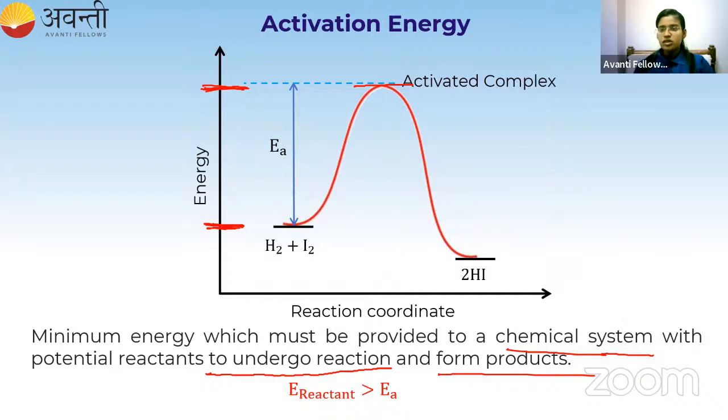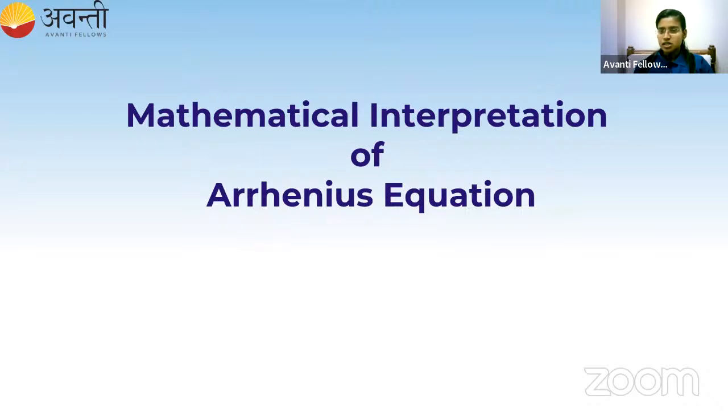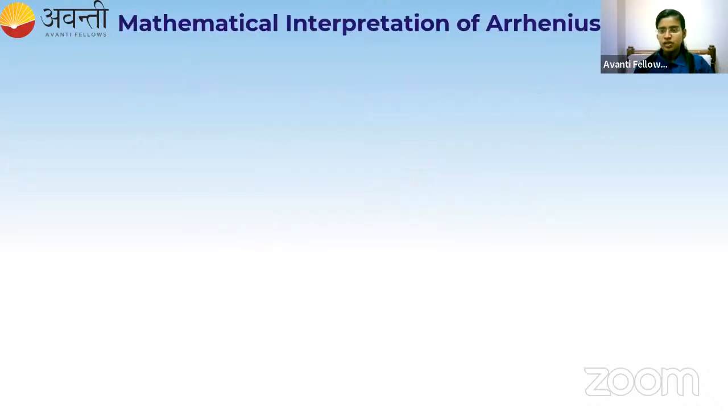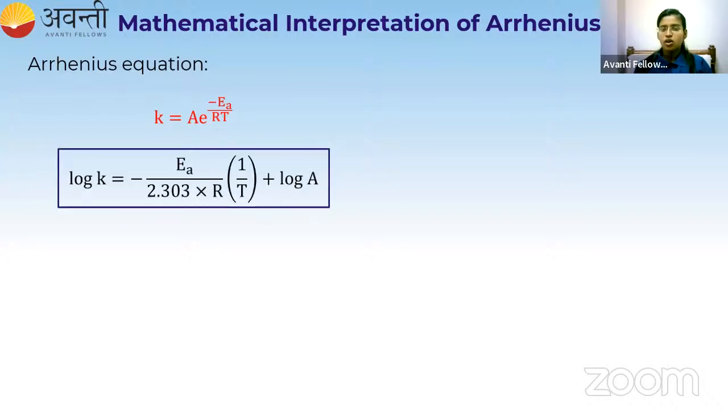Now we will go for the mathematical interpretation of this Arrhenius equation. So let me take the equation. Now if I take the logarithmic function on both sides, what will happen? If I take log on both sides, I will have log k on the left hand side and I will have to apply log to this A, so I will get log A. And if I apply log to e power minus Ea by RT, what will I get?